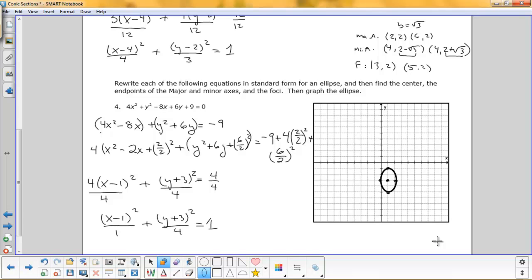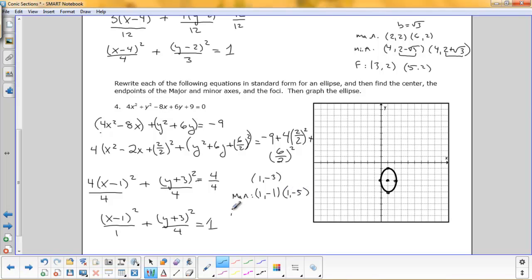Alright, now from here I can go ahead and find the rest of the critical values more easily. So of course my center is at (1, -3). The major axis endpoints are located at (1, -1) and at (1, -5).